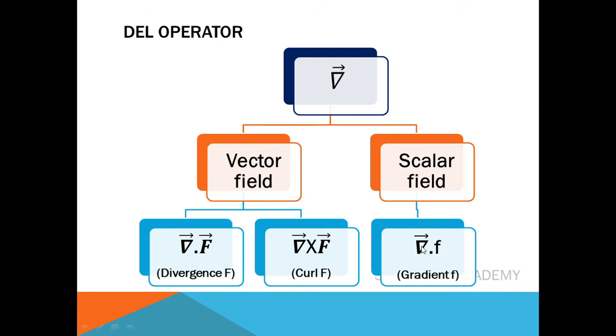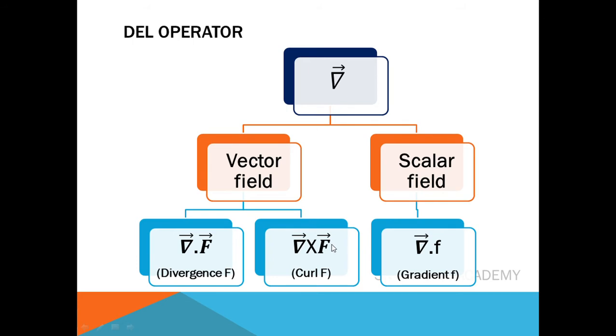When the del operator acts with the scalar function f, we call that the gradient of f. For the vector field there are two types: del dot f and del cross f, where f is a vector.